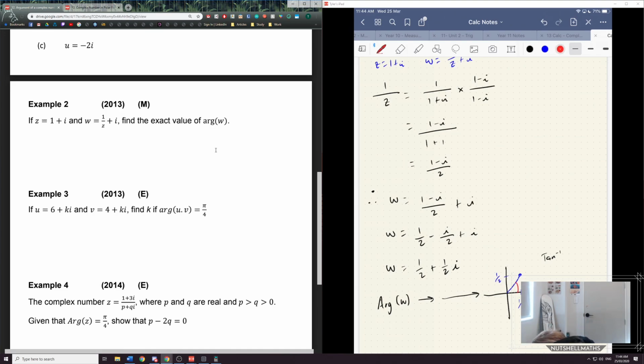This is the argument here. Hopefully you can see that okay. It's going to be tan inverse of a half over a half, which in this case, or in all cases, is 45 degrees. Okay.